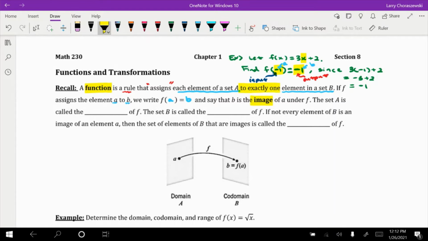So we add another term for what we would recognize as the output, and that term is image.